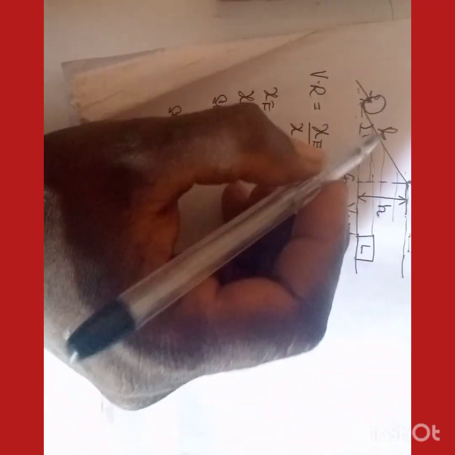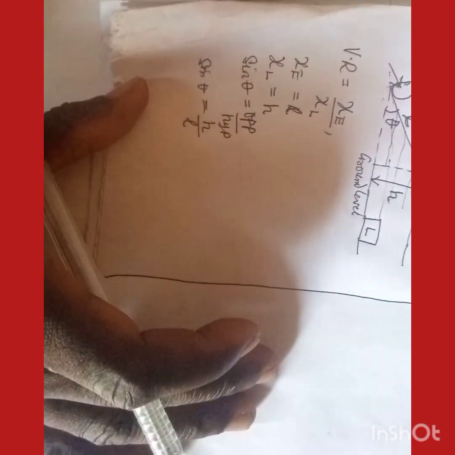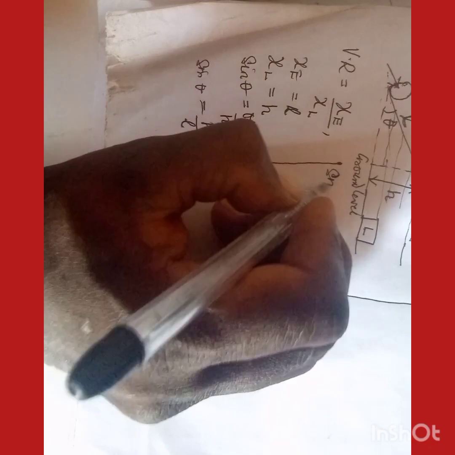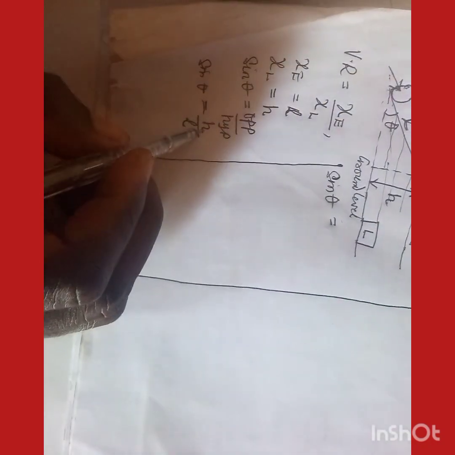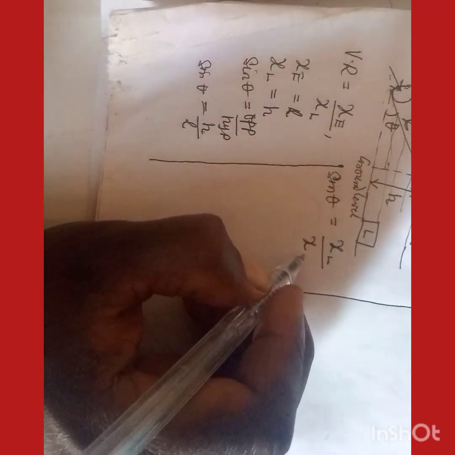Hypotenuse, which is the longest side, is L. So sine theta becomes equal to, our h here is x subscript L, our L here is x subscript E.